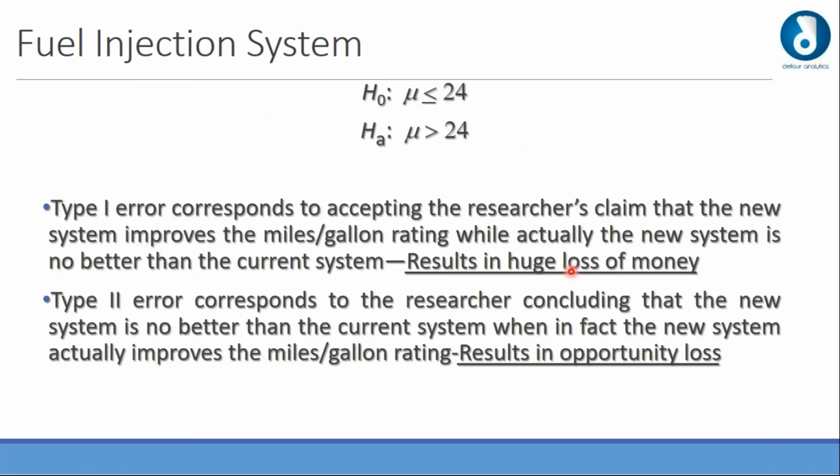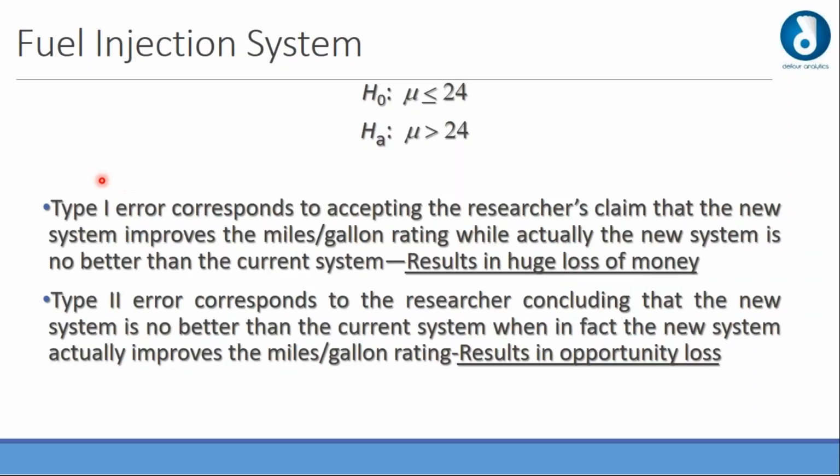Let us understand type 2 errors and type 1 errors. Remember the first example of the fuel injection system, where we made our null hypothesis that the mean average miles per gallon is less than or equal to 20, but the research says it should be greater than 24.